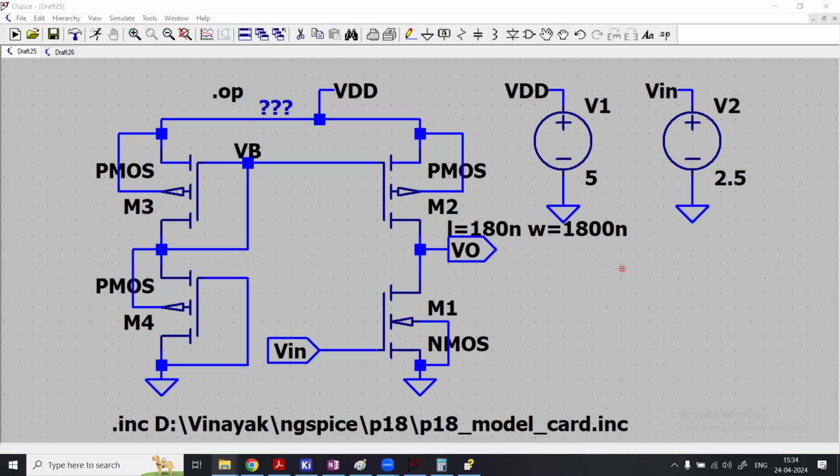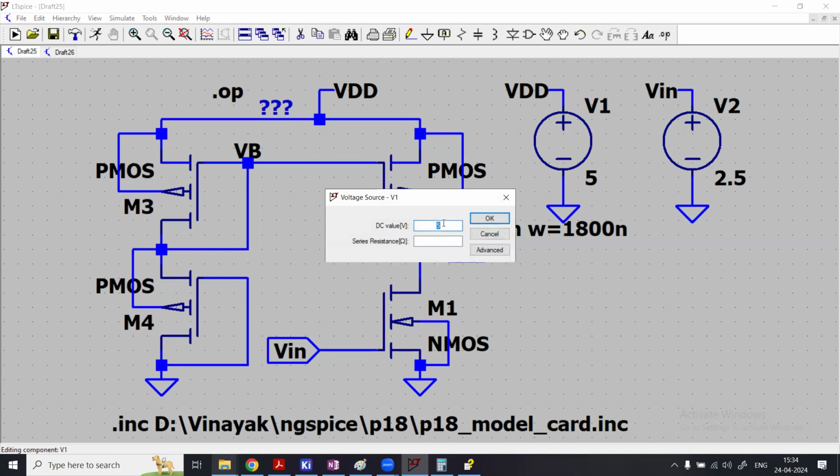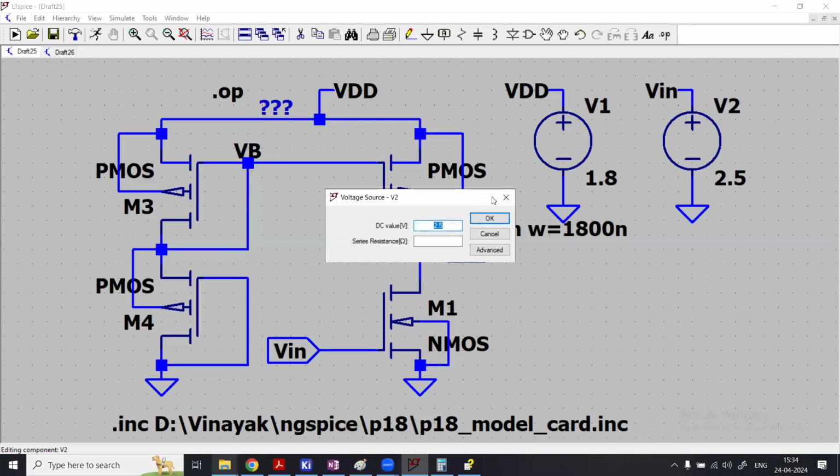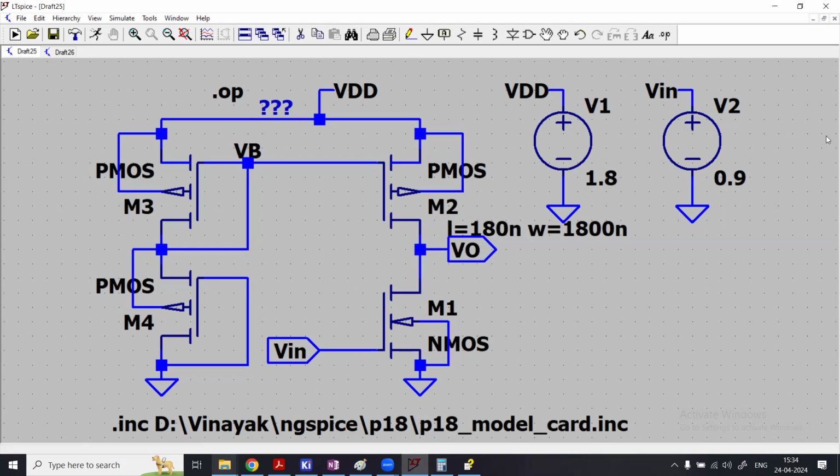No, really no. For 180 nanometer, I have a supply voltage of 1.8 volts maximum, if I remember correctly. So that's how it comes. And then here I would use 0.9 volt. Remember, the threshold voltage of NMOS is just 0.36 volt, so 360 millivolts. So 0.9 volt, which is 900 millivolts, is greater than that.